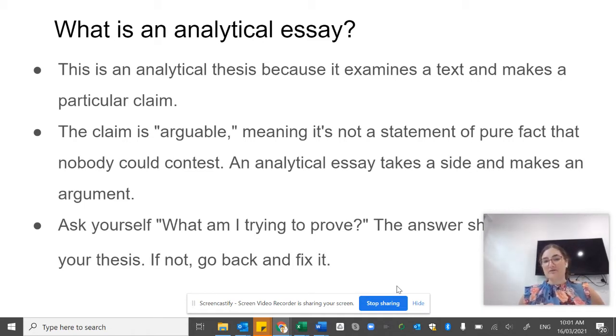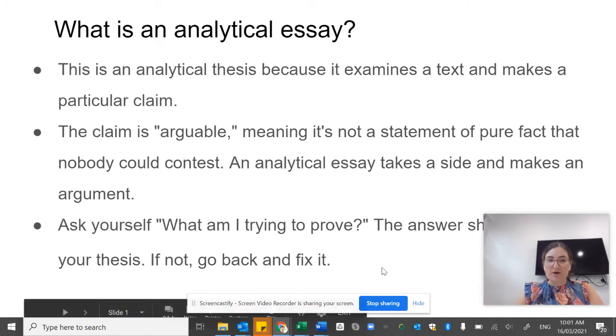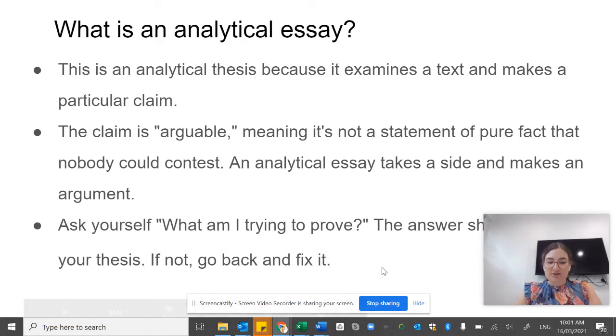But they would have to obviously take their side and make their argument using their particular evidence to back up what they're saying. So the main difference between an analytical essay and a persuasive essay is that one analyzes the evidence and uses the evidence to actually speak for them rather than using hyperbole, exaggeration, emotive language, using all of those devices to convince.